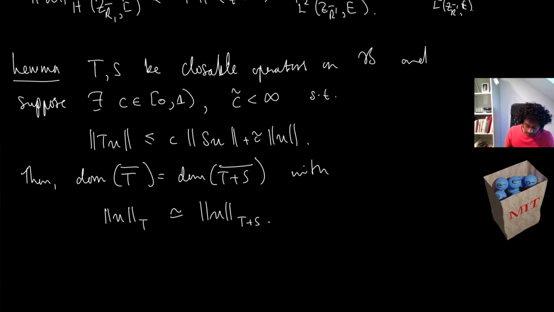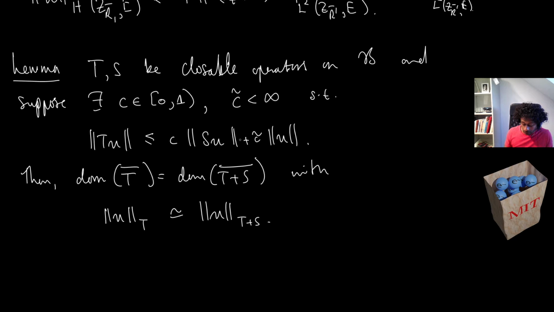So this condition is really saying that T is S bounded, right? Because it's bounded in the graph norm of S. But the important thing is that the homogeneous part of the operator, namely the constant that appears against the norm of S u, is less than 1. That's really the important thing.